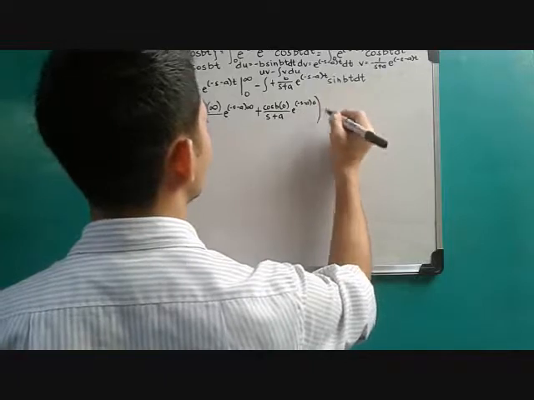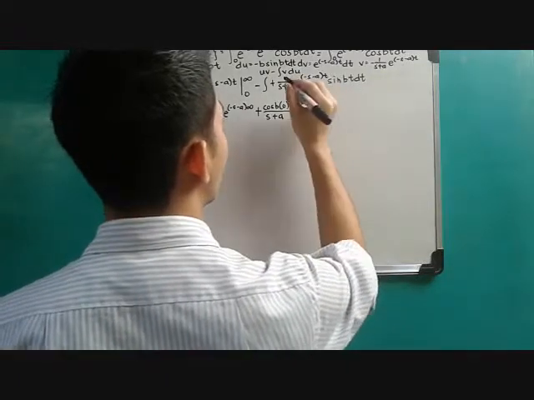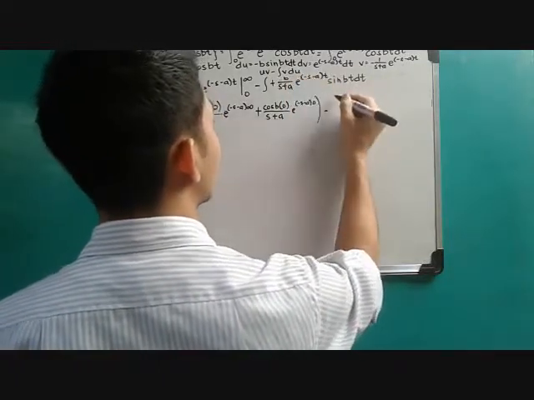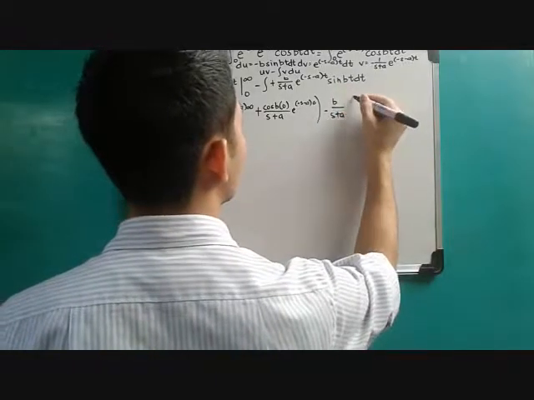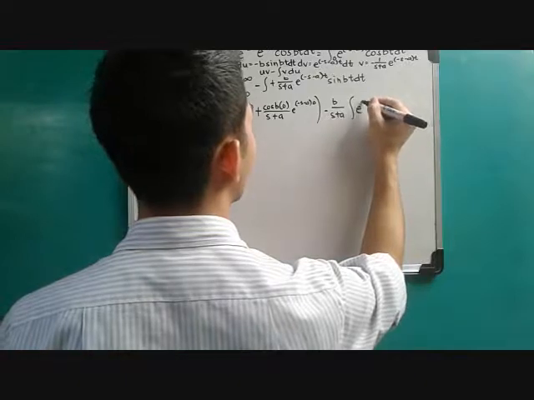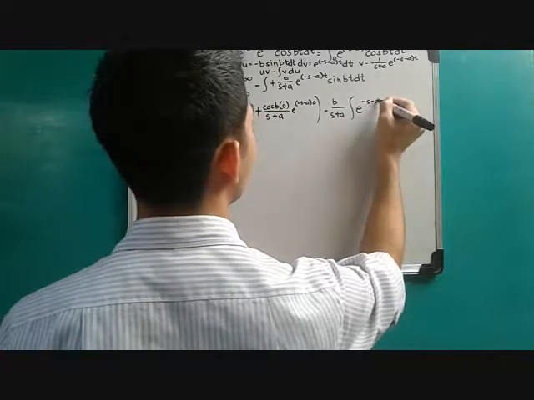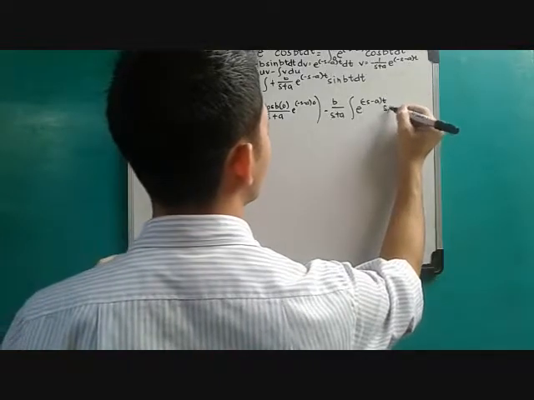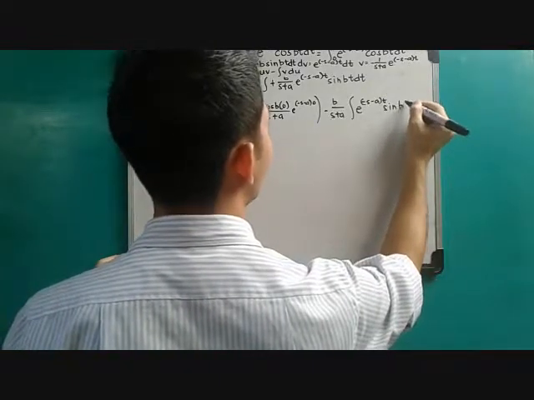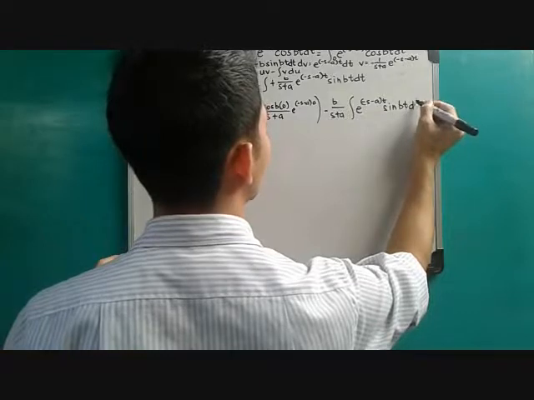So close, minus b over s plus a integration of e raised to negative s minus a times t sine bt dt.